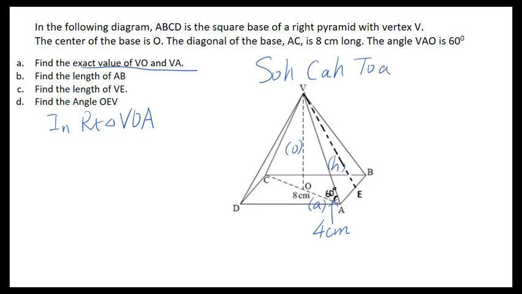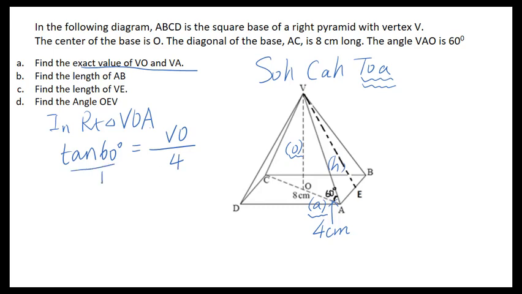If we're looking for VO, you are given A and O. So OA, you've got to use tangent. So tangent 60 degrees equals opposite over adjacent, that is VO over 4.